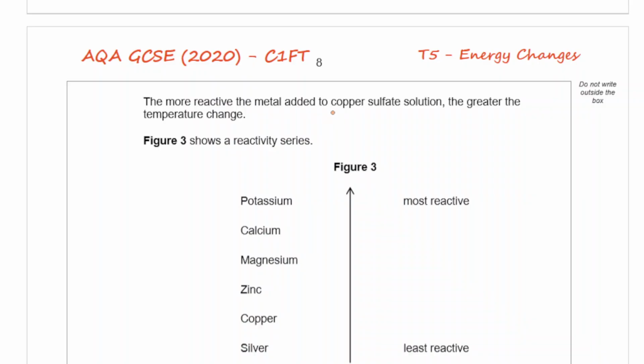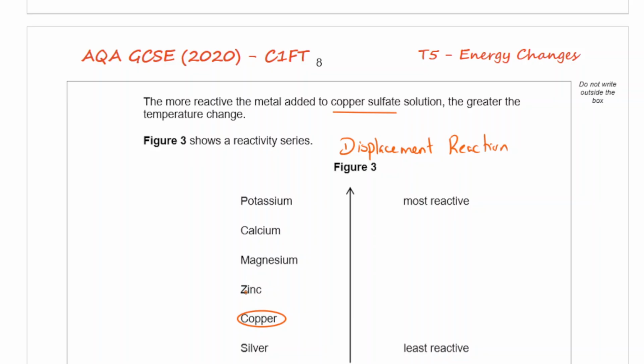Now, this copper sulfate, this reaction is actually called a displacement reaction. Reason being, here's copper. If you add silver to copper sulfate, silver is less reactive, so there won't be any reaction.